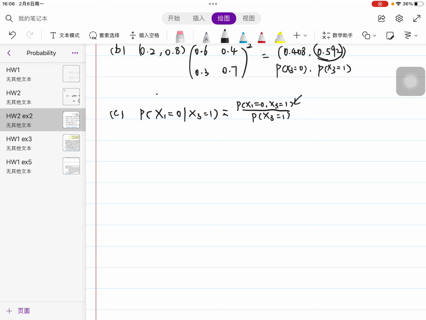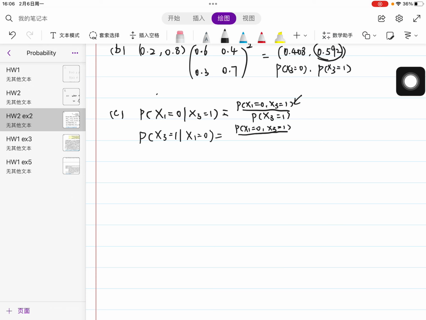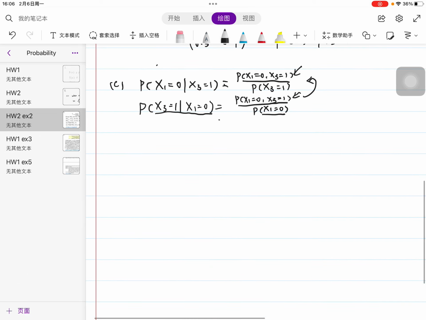So let me write this. x3 equals 1 with the condition of x1 equals 0 equals the probability of x1 equals 0 and x3 equals 1, oh sorry, over the probability of x1 equals 0, right? And now we could use this x1 equals 0 times this conditional probability to get this, and then we could solve the previous equation.